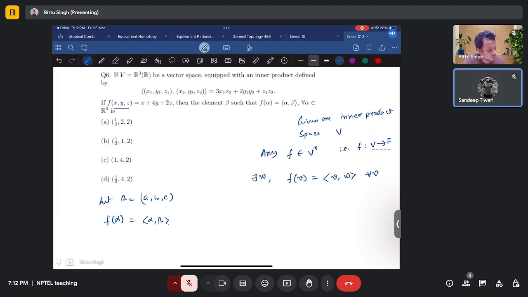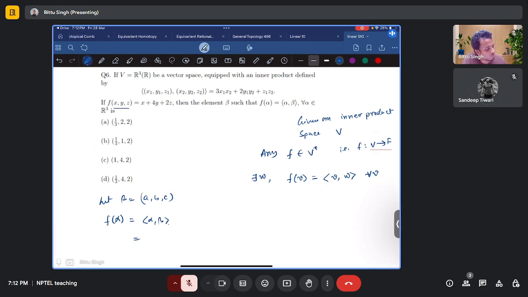So let us explicitly write. Given alpha is xyz, and beta is a fixed element abc, alpha inner product with beta will give us ax plus by plus cz. But it is also given that f of alpha is x plus 4y plus 2z.